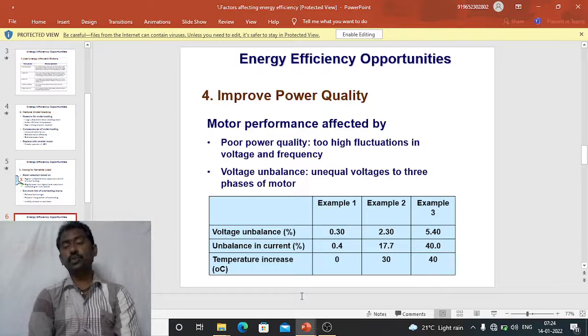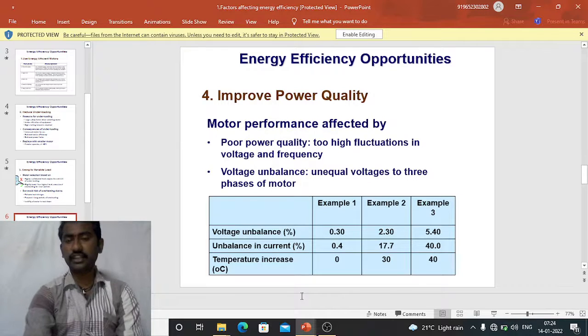For example 2, the voltage unbalance is 2.30%, the unbalance in the current is 17.7% and the temperature increase is 30%. And similarly for example 3, the voltage unbalance is 5.40%, the unbalance in current is 40% and the temperature increase is 40%. So among these three, example 1 is the most efficient one.